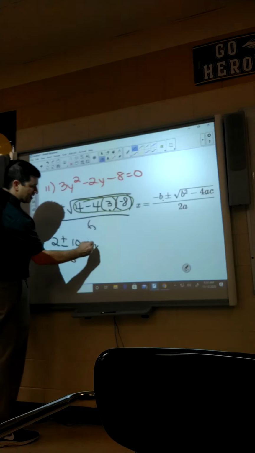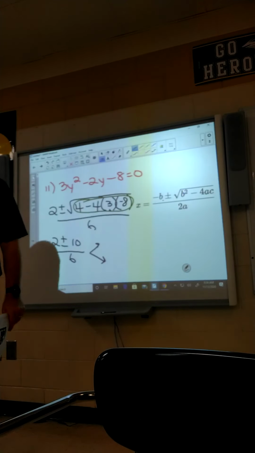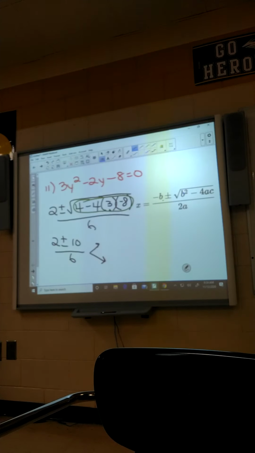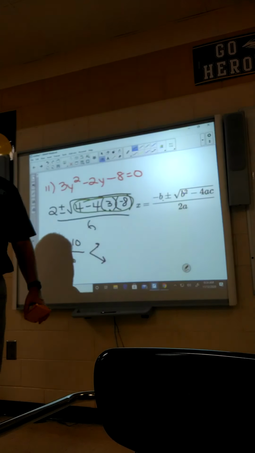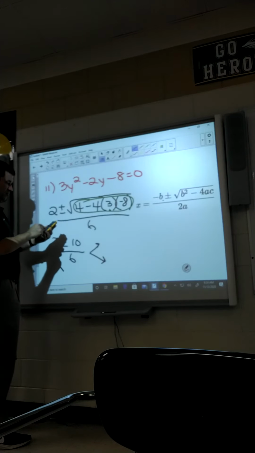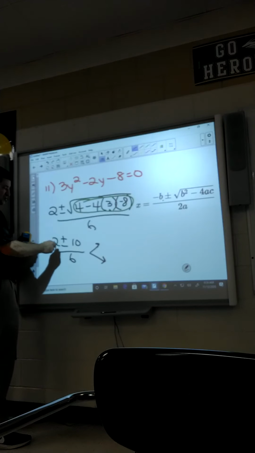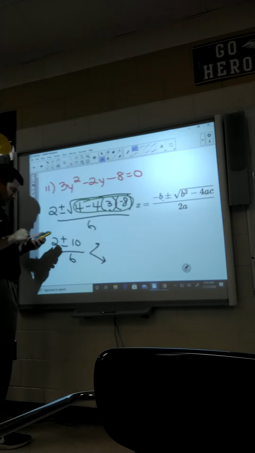Now, Travis is asking, how do we do the plus or minus? You guys help me. You can't do it all at one time, Travis. You got to do them separate. So the first time, Travis, remember, hit your fraction button, and the first time we're going to do 2 plus 10 on top. The bottom is 6.